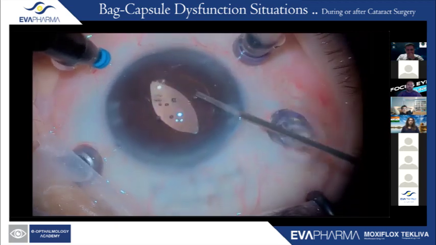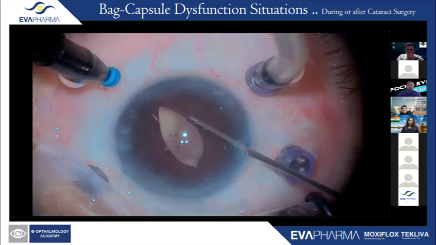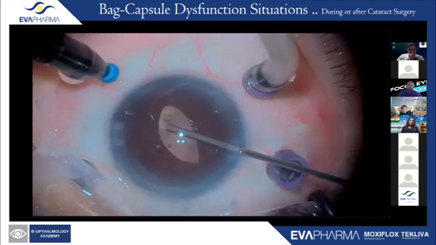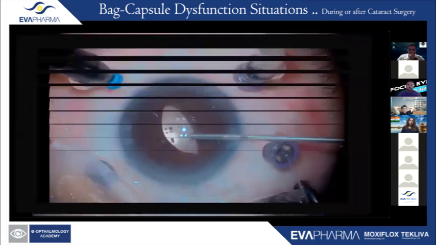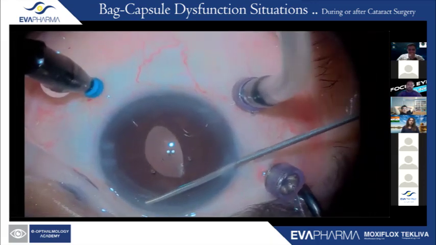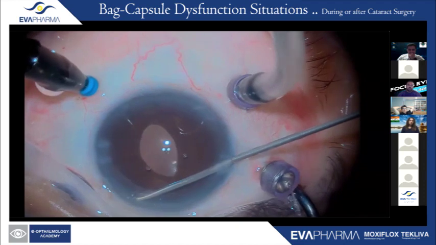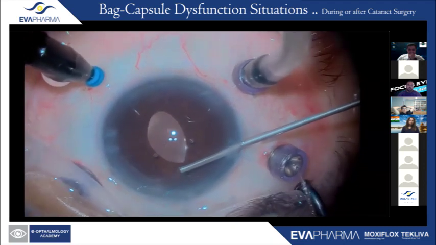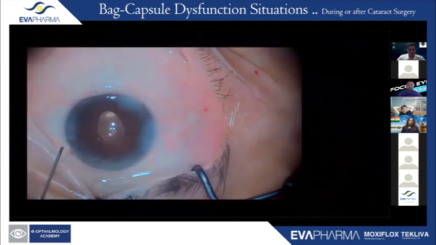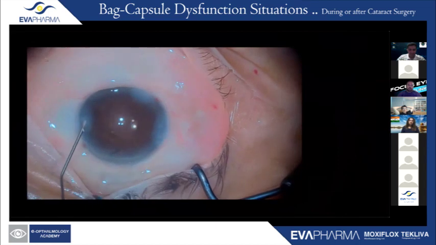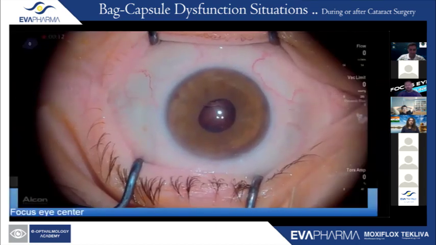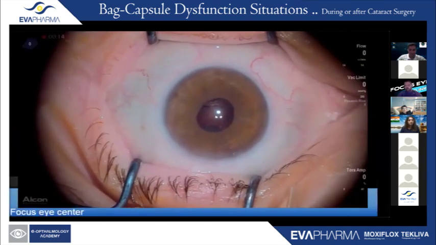I choose this technique in elder patients, actually. And I always do a peripheral iridotomy because no matter the vaulting of the lens or the position of the lens, you can always have a block.